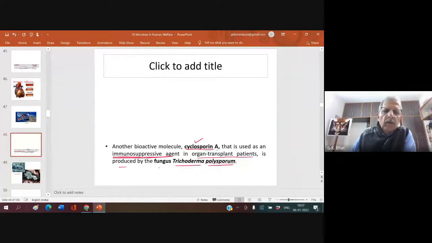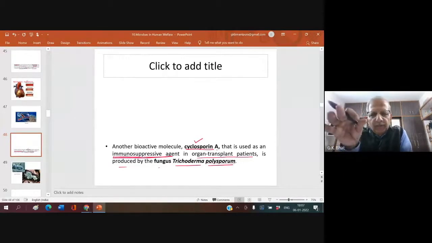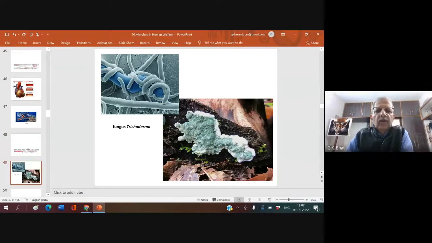But one thing you must remember: even though an immunosuppressant drug, cyclosporine, is administered and kidney transplantation is done, because of this immunosuppressant drug, that patient should go to the doctor immediately and take relevant medicine for each and every problem. Even for a minor problem like a cold, headache, or fever, he has to go to the doctor, because his immune system is already made defunct.